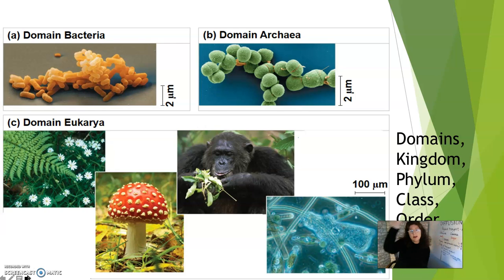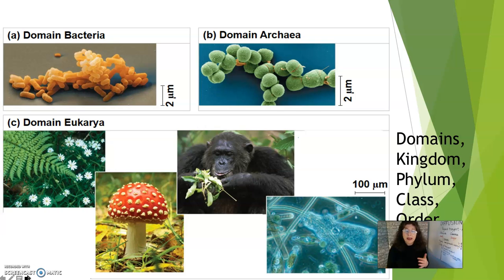We are going to start at the domain level, at the umbrella level, and then work into the details. The first domain that was ever formulated for life on Earth was the domain Bacteria, and that slowly evolved into the domain Archaea, and then later on, that evolved into the domain Eukarya.